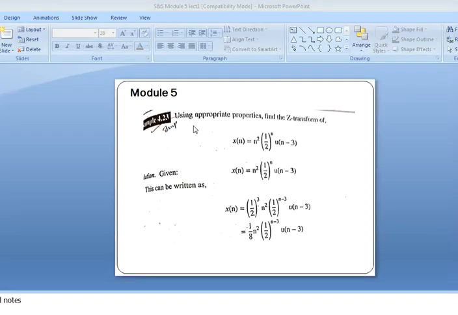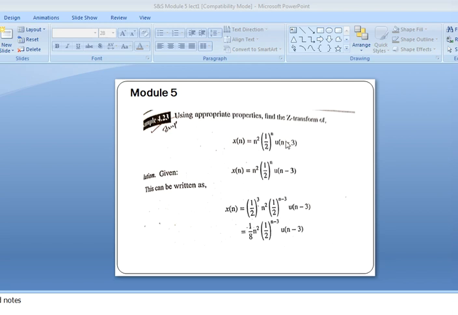Now let's see another problem: x of n is equal to n square, half raised to n, into u of n minus 3. How can we go about solving this problem? Here we have u of n minus 3.